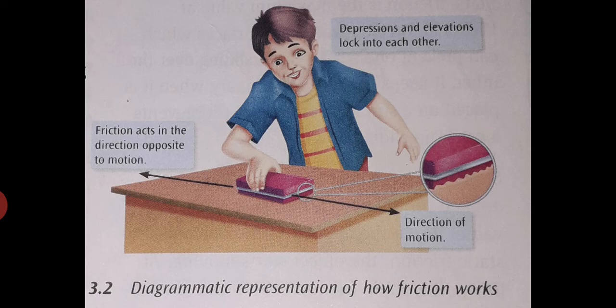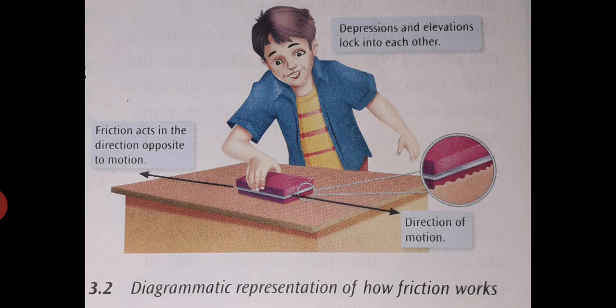One theory is that any smooth surface is actually quite rough, consisting of depressions and elevations when examined closely. As one surface slides over the other, these depressions and elevations lock into each other, causing resistance to motion.